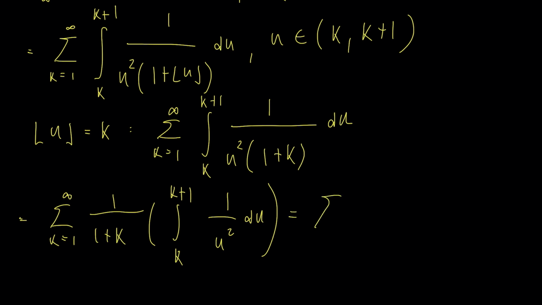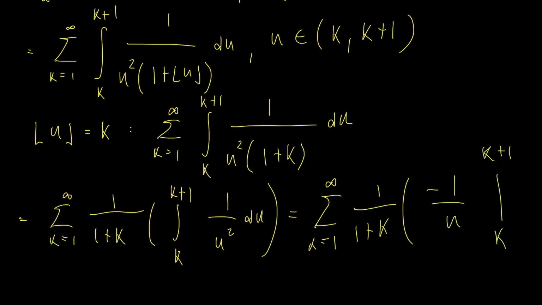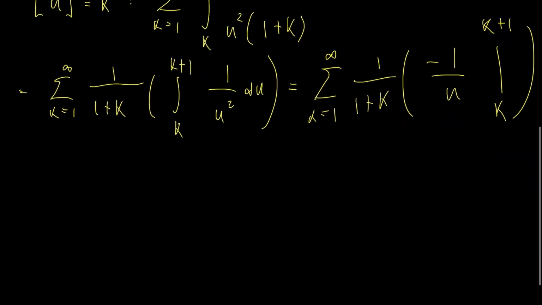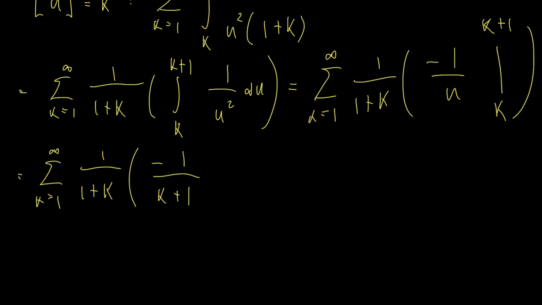This integral will evaluate to negative 1 over u from k to k plus 1. So we're going to have the sum from 1 to infinity of 1 over 1 plus k, times negative 1 over k plus 1 plus 1 over k.